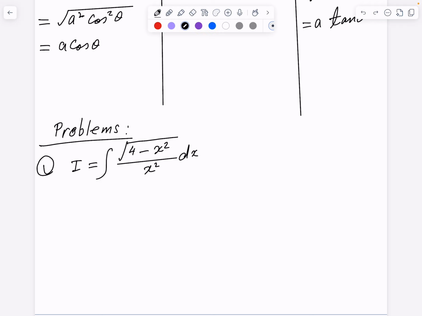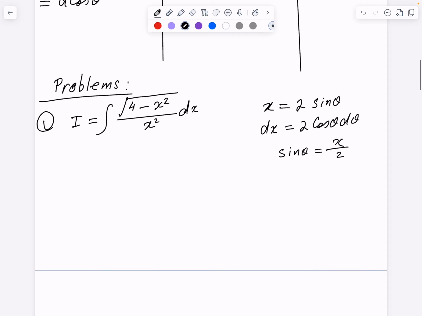X equals 2 sine theta. Therefore, dx is going to be 2 cosine theta d theta, and then, of course, sine theta is going to be x divided by 2. We're going to be using this one later, not now.